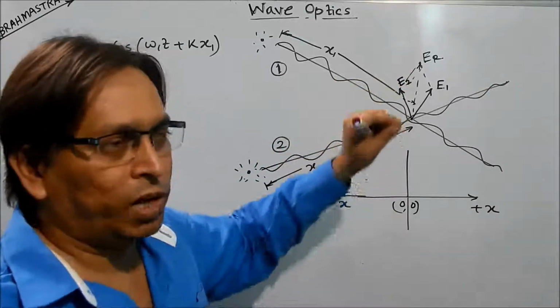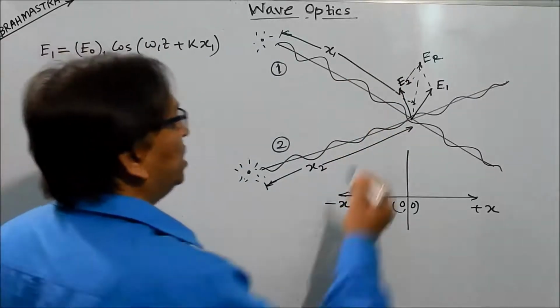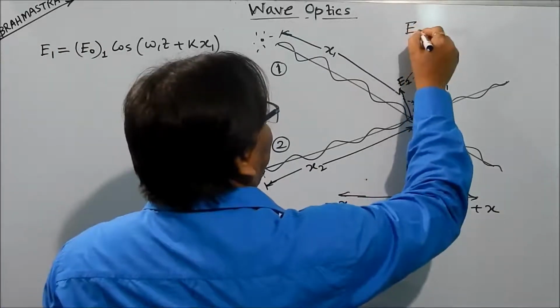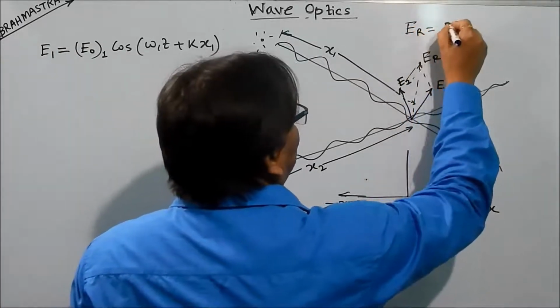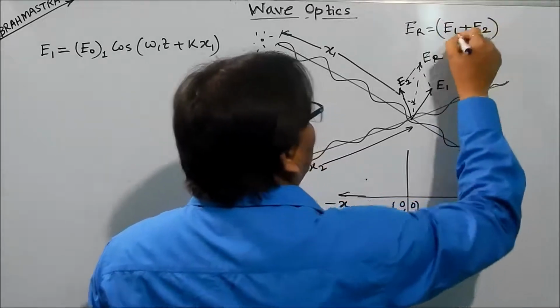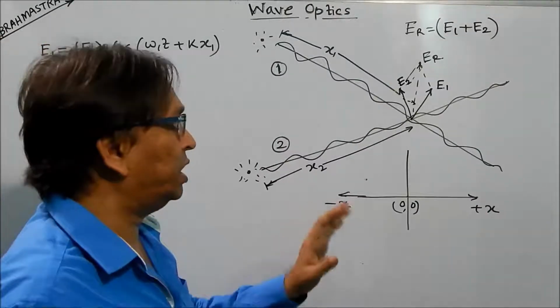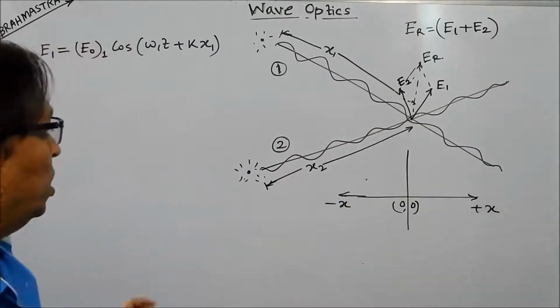They are very small, very minute. So you cannot take the resultant of this. So what can be done? We just take that at any instant the resultant is simply E1 plus E2. So we take simple summation instead of vector addition. We do not take vector addition for superposition.